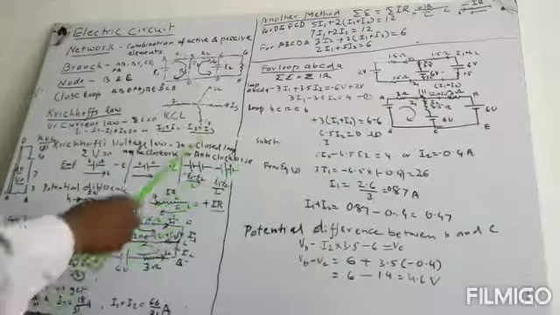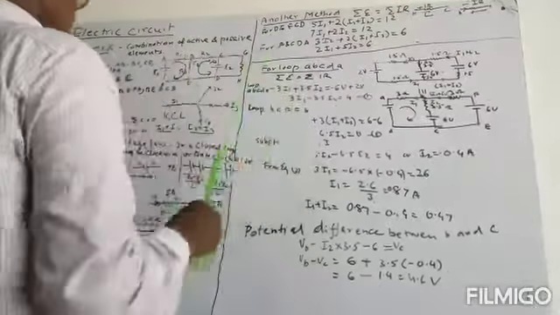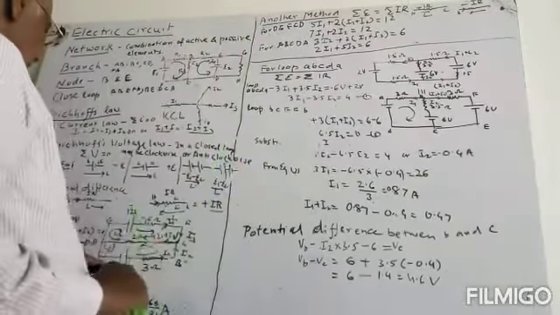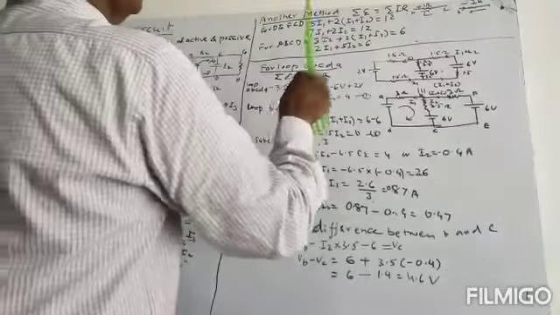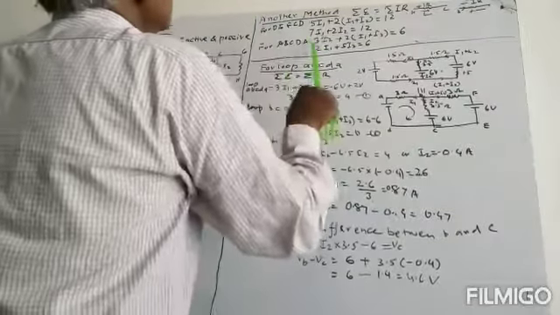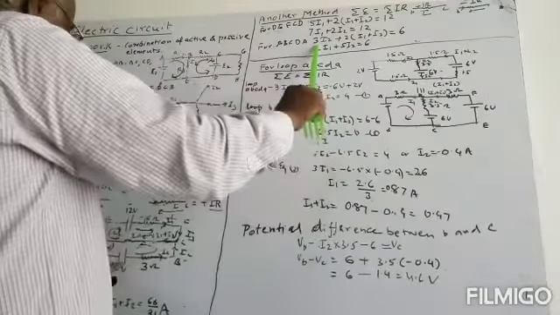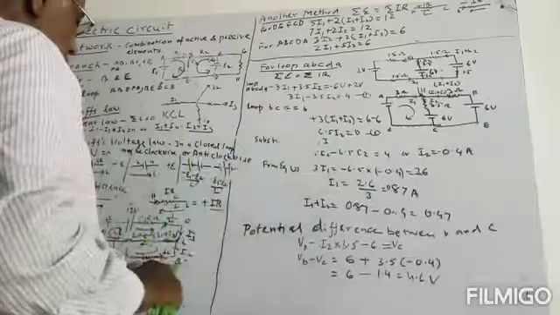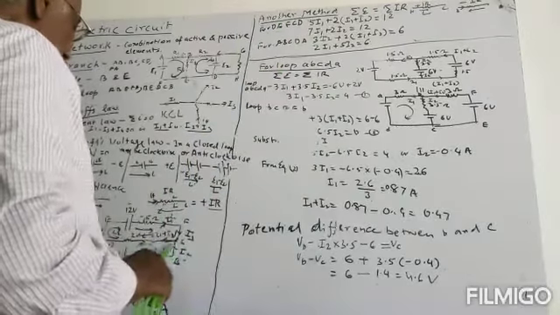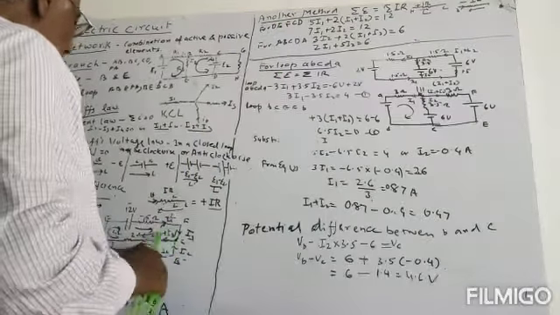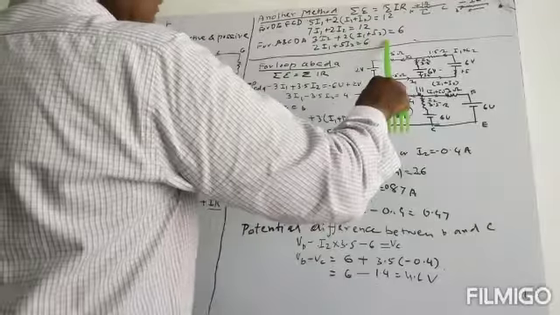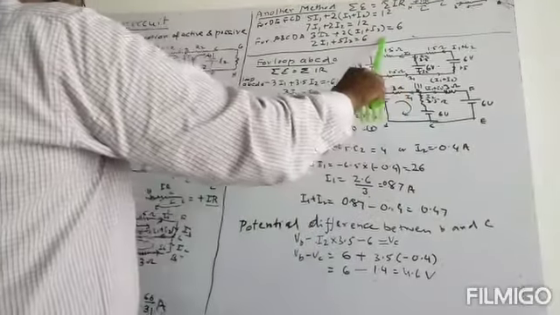You can take this method or that method. It makes no difference. Now for the ABCD loop, we start with 3I2, and the loop direction is the same, so 2 into I1 plus I2. This will be equal to plus 6, since it is entered from negative.